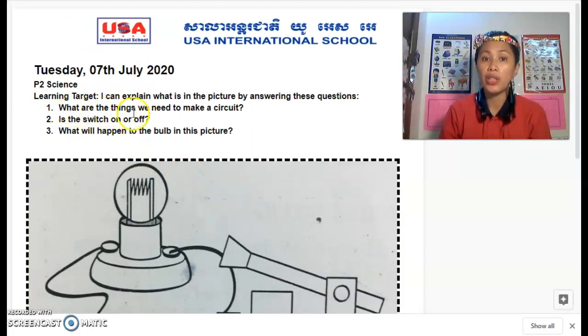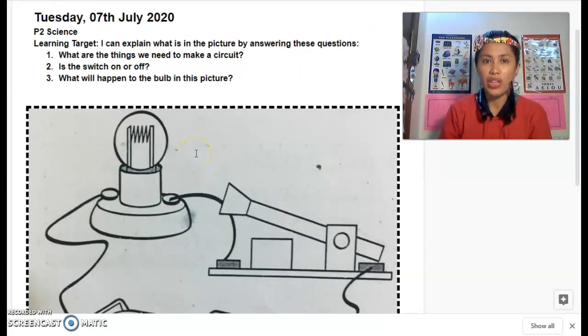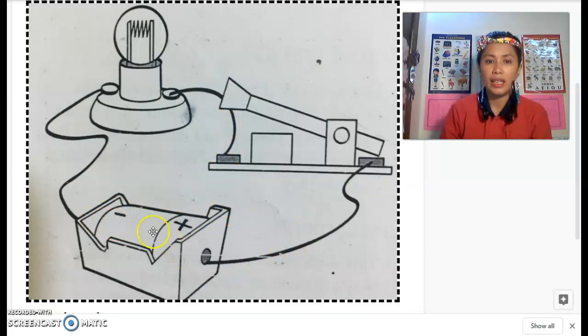First question, what are the things we need to make a circuit? Teacher has talked about this many times. The things we need to make a circuit are a light bulb, bulb holder, wires, cell holder or battery holder, and then the cell or battery.